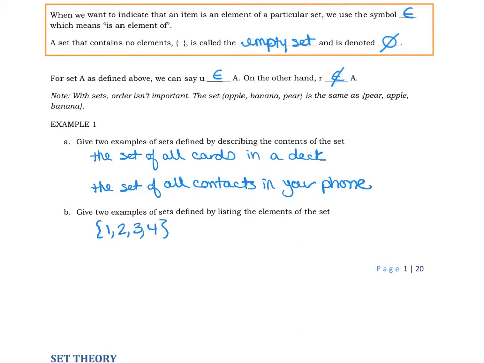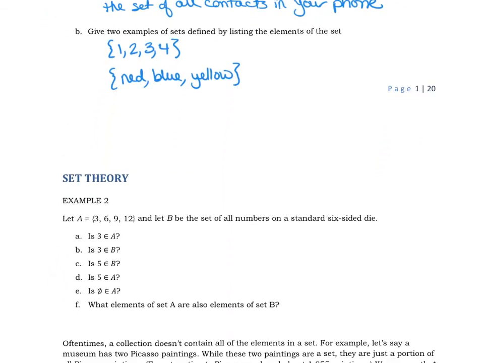That would be one particular set, the numbers 1 through 4. I could also list, for example, the colors red, blue, and yellow. I can add more, I can take away, but those are two examples of sets defined by listing the elements.